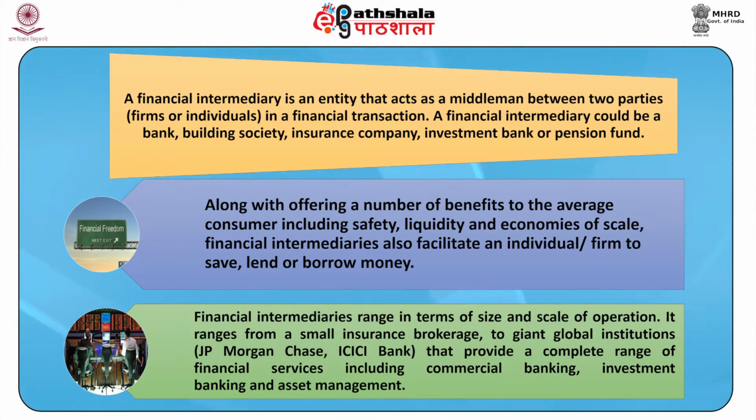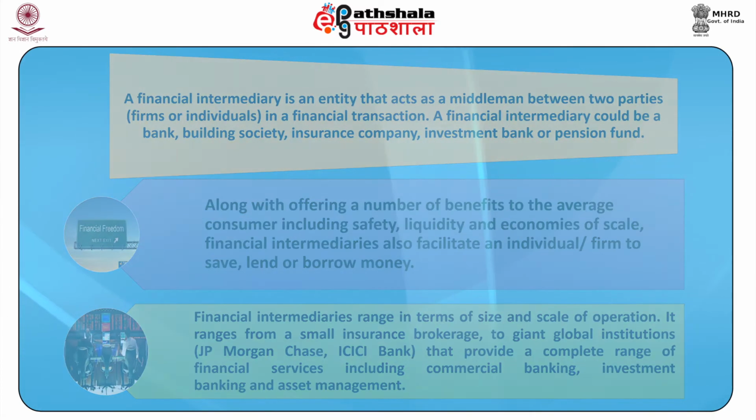Financial intermediaries range in terms of size and scale of operation. It ranges from a small insurance brokerage to giant global institutions like JP Morgan Chase, ICICI Bank, etc. that provide a complete range of financial services including commercial banking, investment banking and asset management.